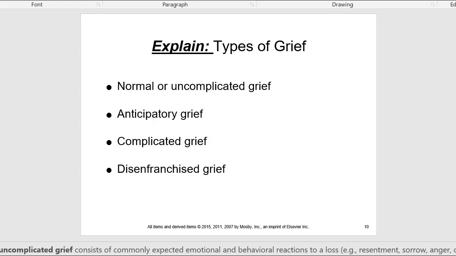Disenfranchised grief is kind of a dual experience when somebody cannot openly acknowledge a loss and they cannot receive full social support from others because they won't allow themselves. This type of grieving is difficult to understand.